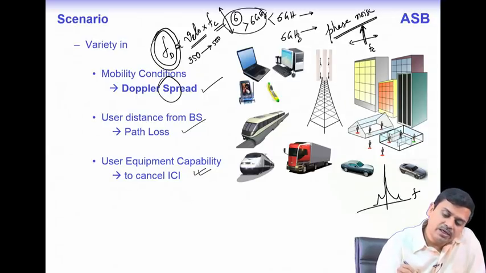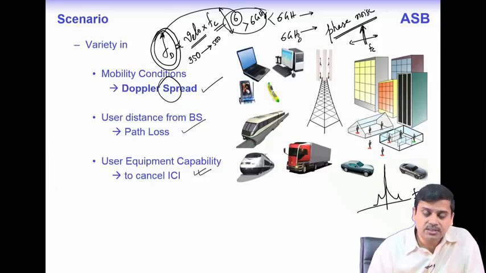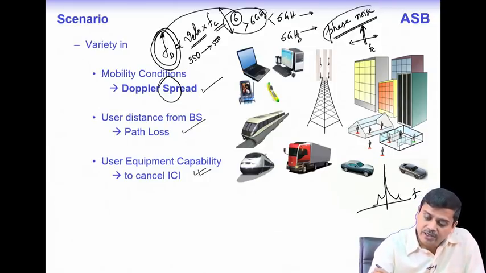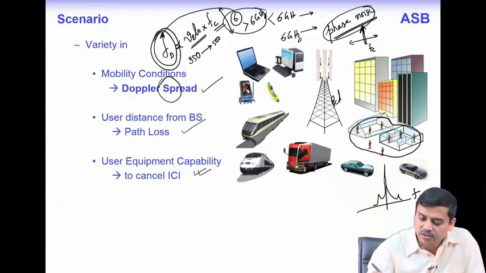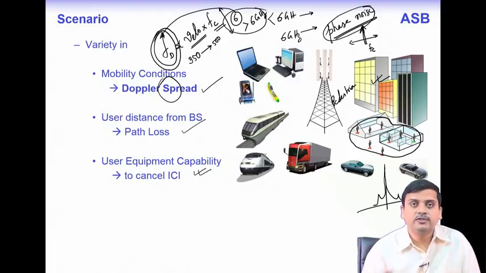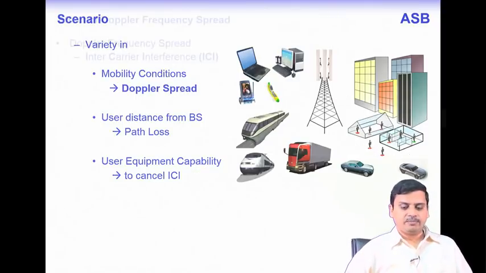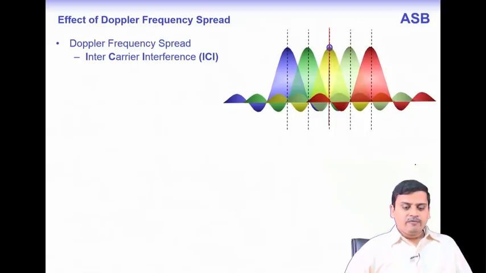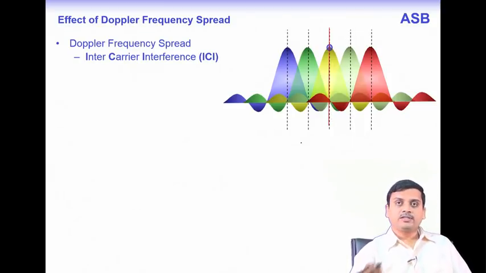So, overall these conditions indicate that the Doppler experienced increases and the phase noise also increases, but at the same time you will find that stationary users would also be there, that means pedestrian users would also be there. There would be indoor conditions, and a multitude of various outdoor conditions, which need to coexist at the same time.